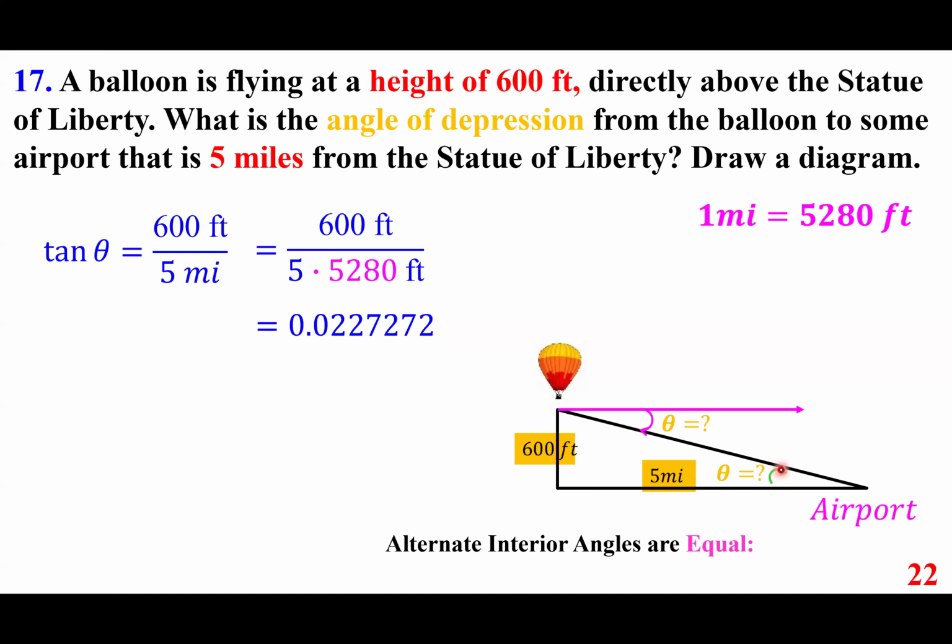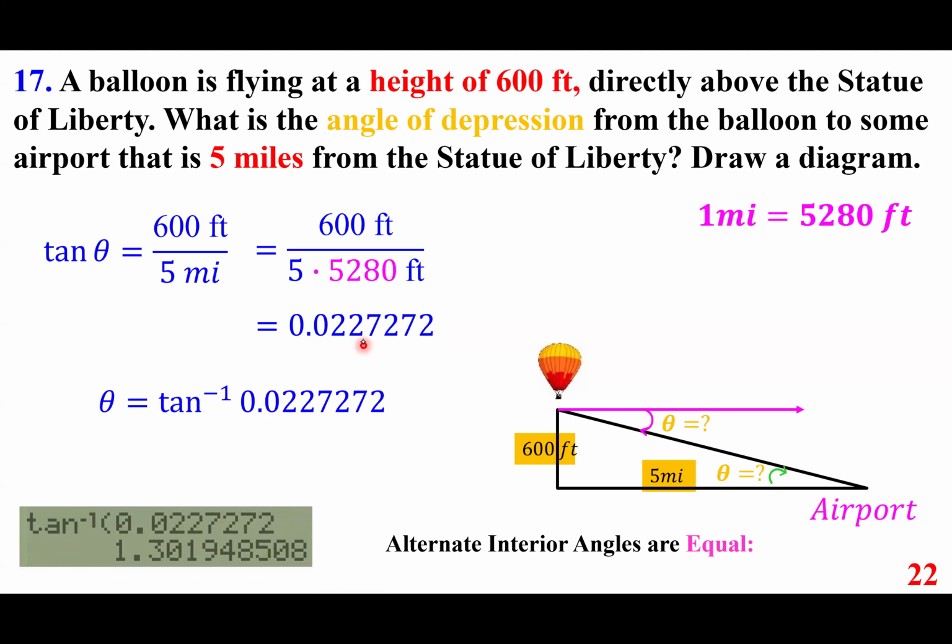So what is this angle? If tan theta is that, theta must be tan inverse of this number. Putting it into a calculator and stopping right here next to this 9, we get 1.302 degrees. It depends on how many decimals they ask you.